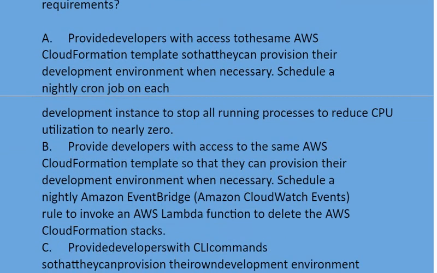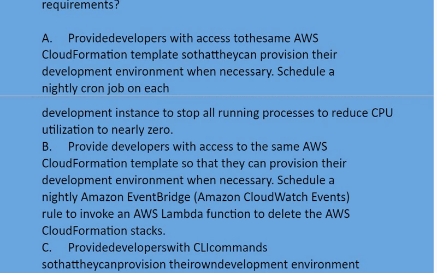Option A. Provide developers with access to the same AWS CloudFormation template so that they can provision their development environment when necessary. Schedule a nightly cron job on each development instance to stop all running processes to reduce CPU utilization to nearly zero.